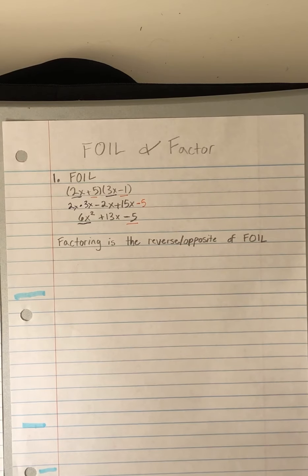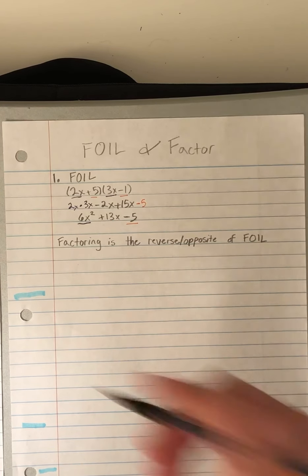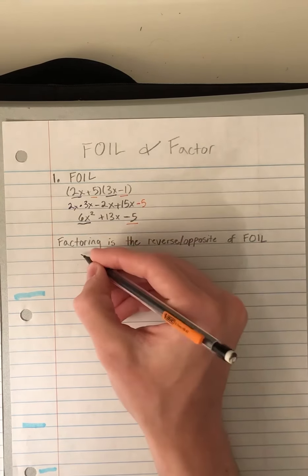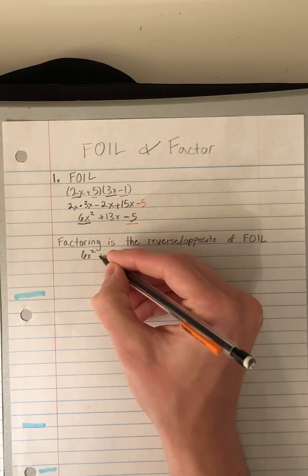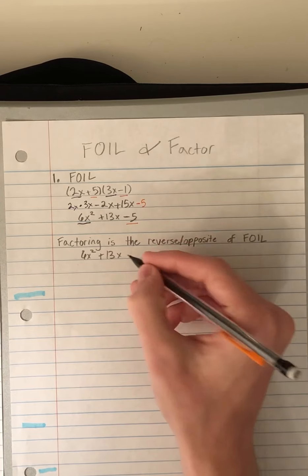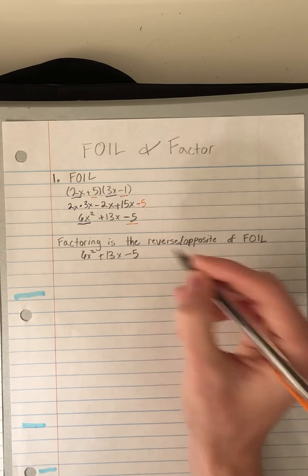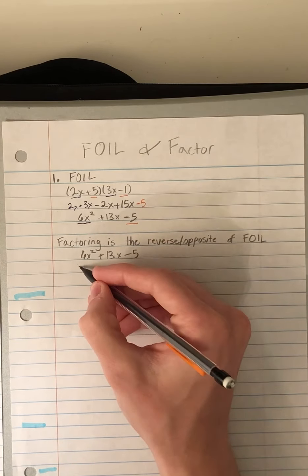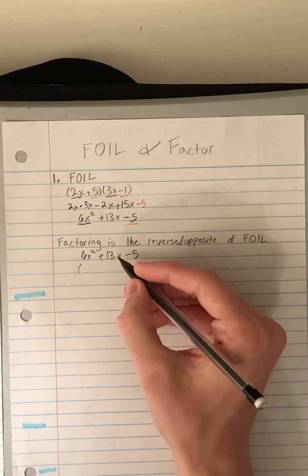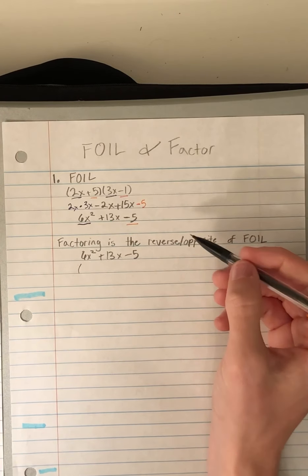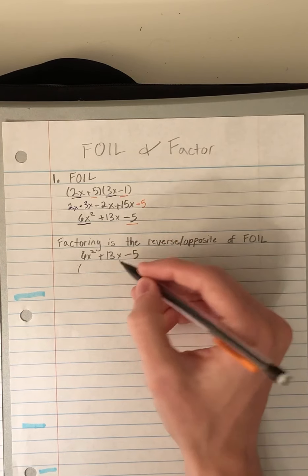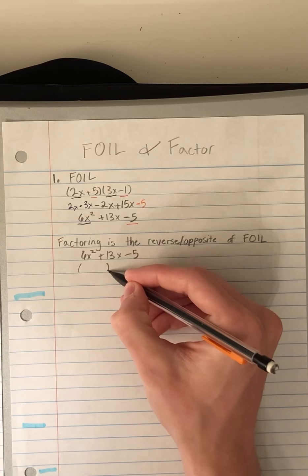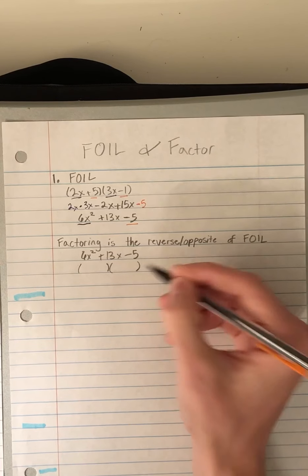So just to talk about it with our last problem, I have 6x squared plus 13x minus 5. And if I'm going from standard to factored form, or I'm factoring, I'm going to start with something that looks like this, and I'm going to end with, today I'll have two parentheses.